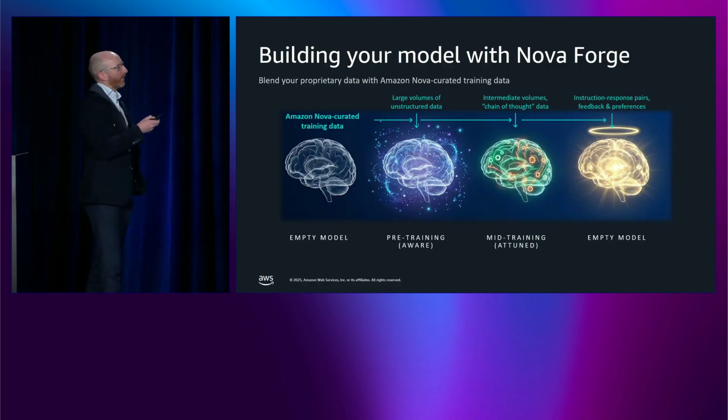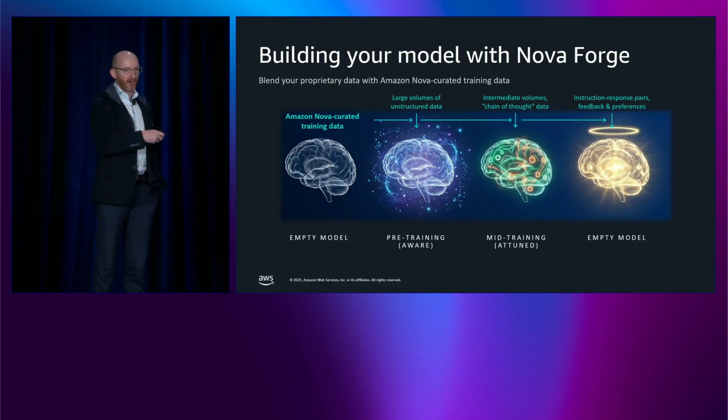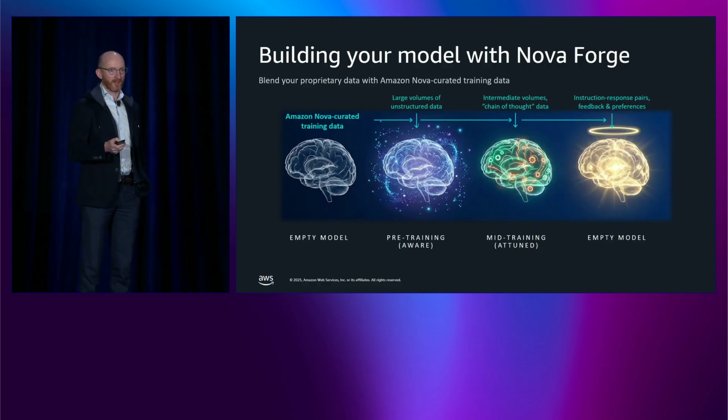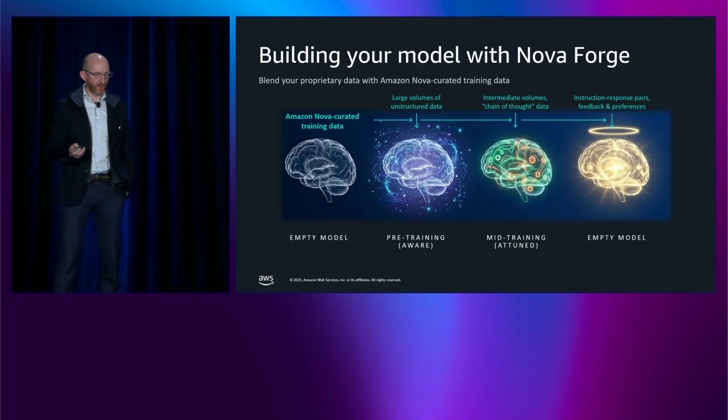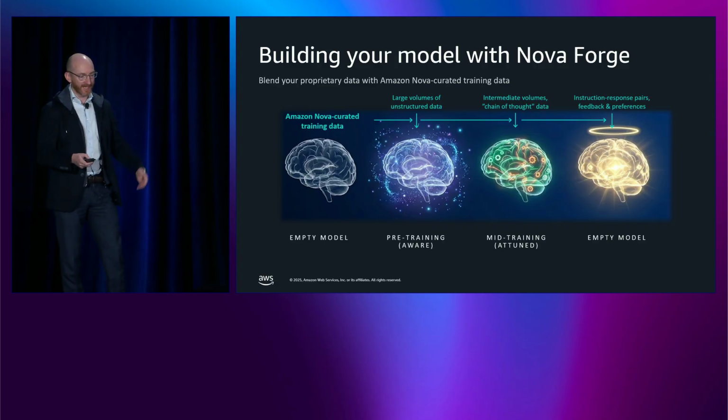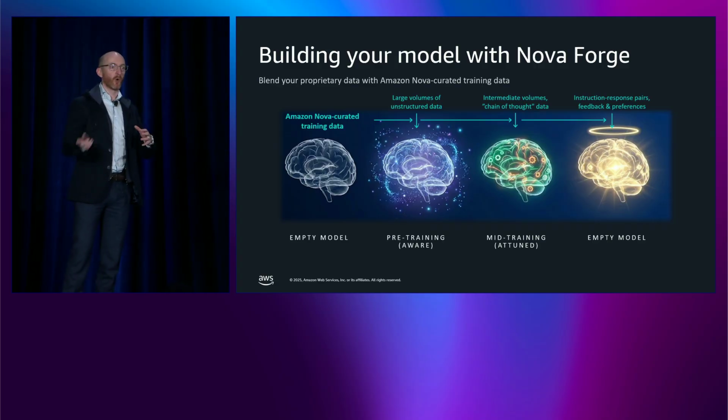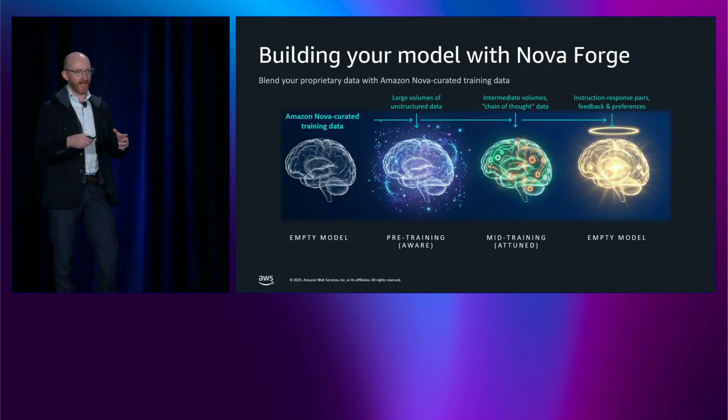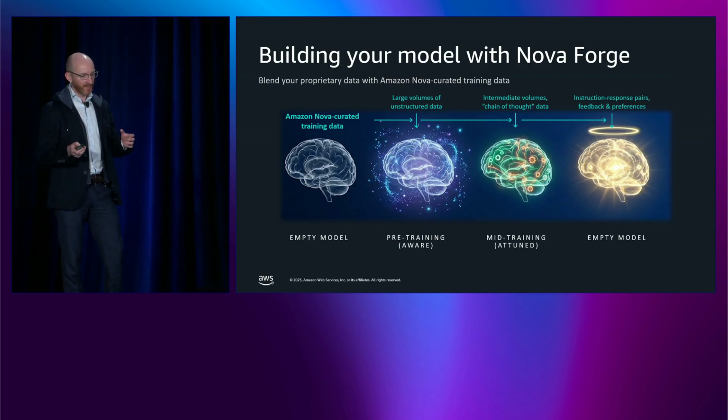So one of the key points here is, I mentioned earlier, catastrophic forgetting is a big risk with respect to open weights models. The way we've helped prevent that is through our proprietary data mixing technique, which essentially allows you to blend your proprietary data with Amazon Nova curated data.